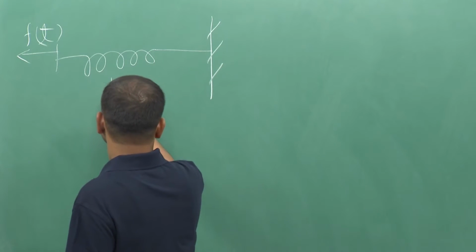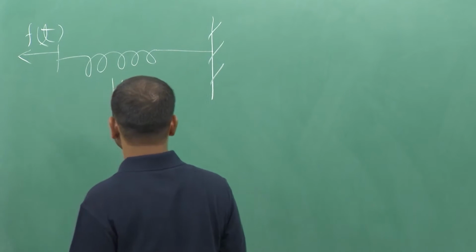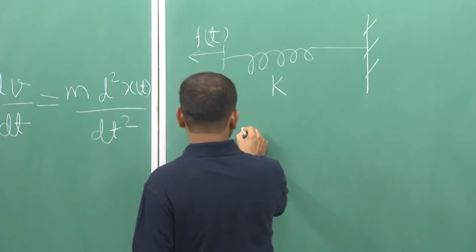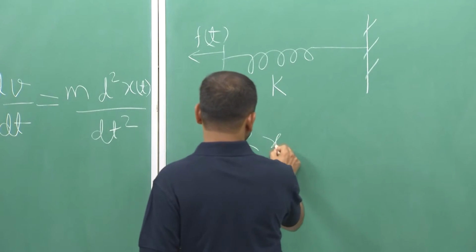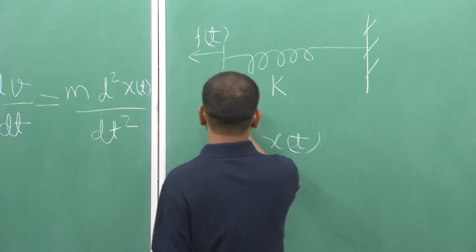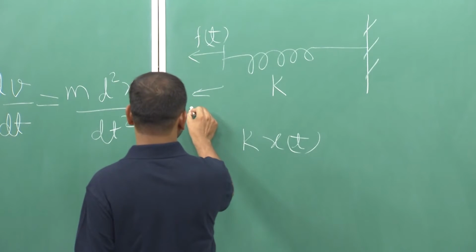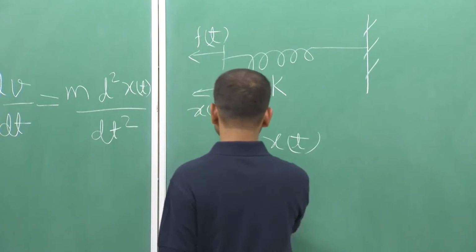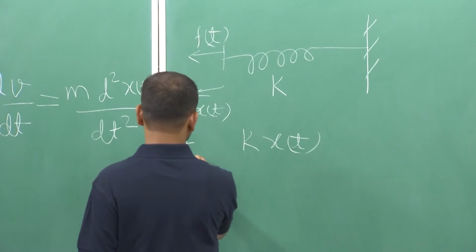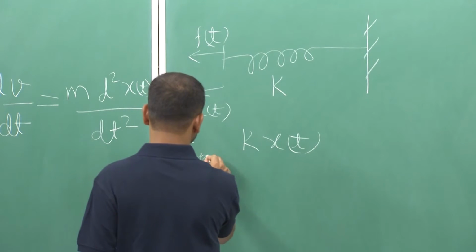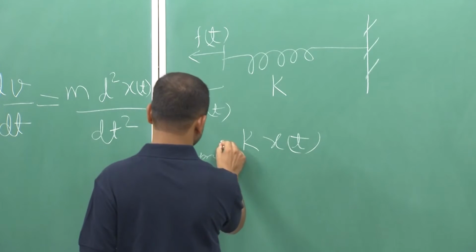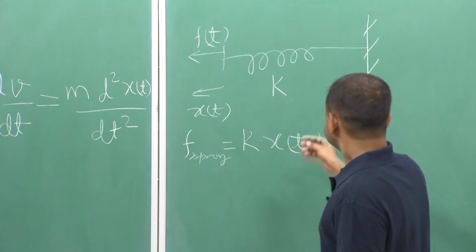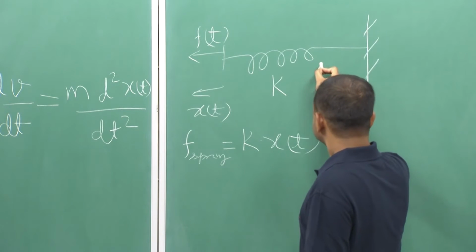Suppose its spring constant is k, the restoring force due to the spring is k x of t, if the displacement is x of t, that is F of spring. The x is the stretching in the spring.